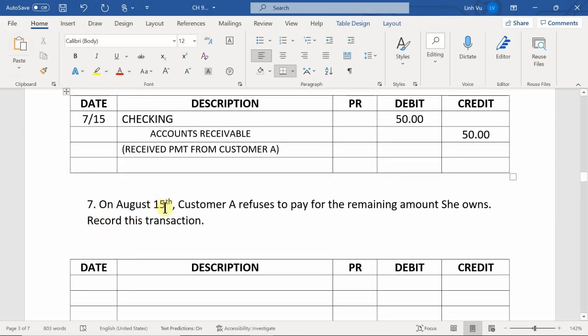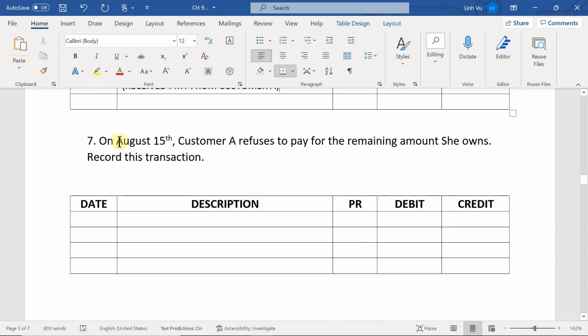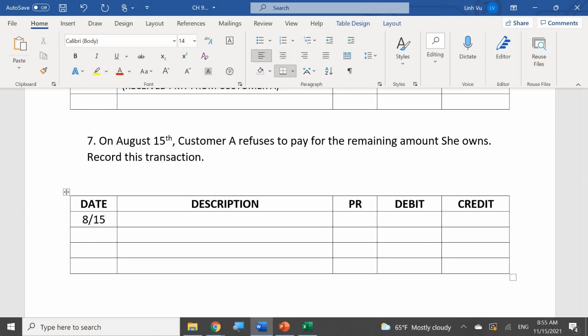Then on August 15, customer A refuses to pay for the remaining amount that she owes. Record this transaction. No transaction.